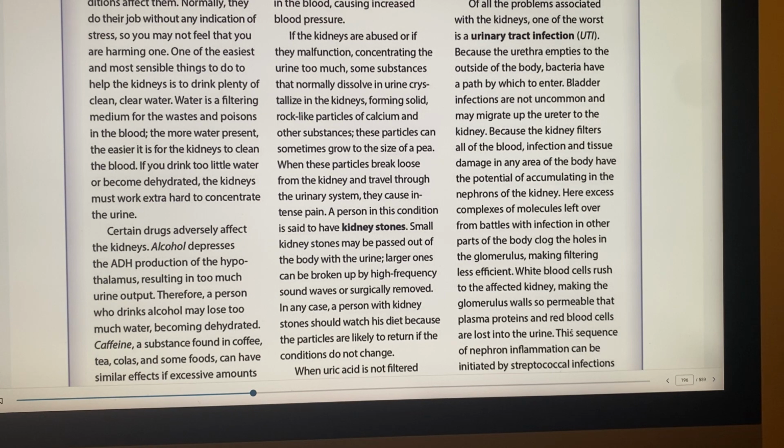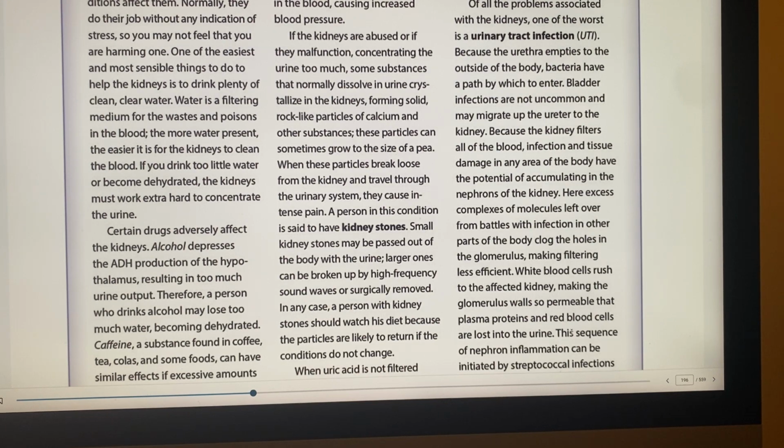These kidney stones get stuck, and sometimes you have to go in and have them surgically removed, or sometimes they use sound waves to break them up. Sometimes they just watch for them to pass. It's really, really painful when you pass a kidney stone. And watch your diet, because certain things in your diet, especially way too much calcium, can affect kidney stones.